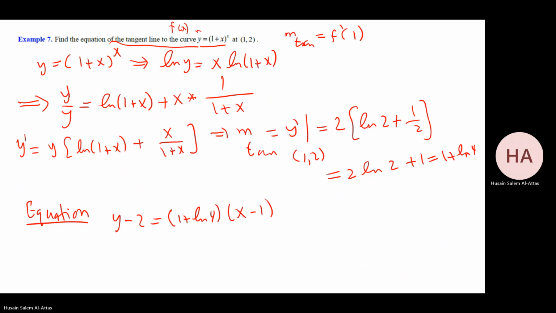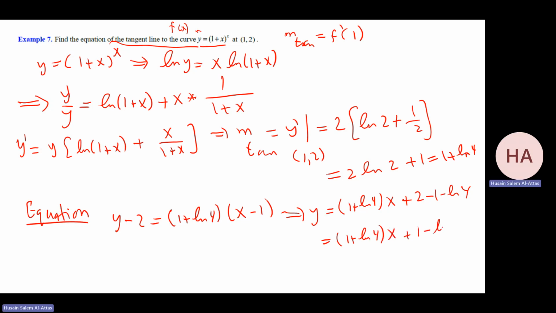In other words, y equals 1 plus ln 4 times x plus 2 minus 1 minus ln 4, which is 1 plus ln 4 times x plus 1 minus ln 4. That will be the equation of the tangent line.